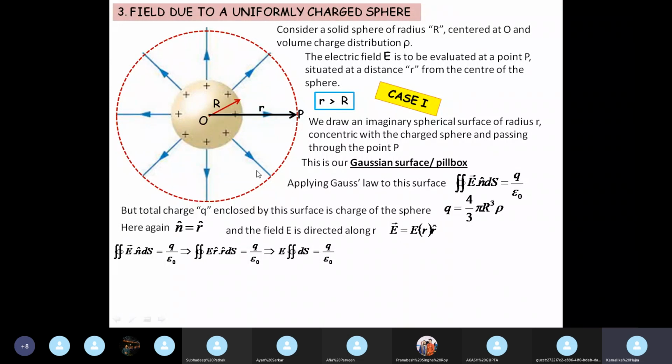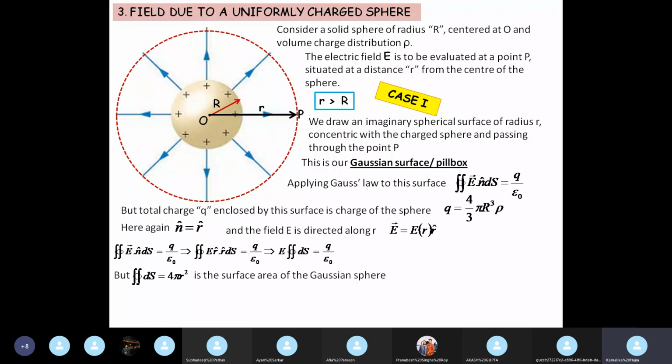So what is the total surface integral of dS? It is the total area of the Gaussian surface. Remember, you can't get confused here. The area given by this surface integral is the area of the Gaussian surface, because we are integrating over the Gaussian surface. It is not the surface area of the given sphere, it is the surface area of the Gaussian surface.